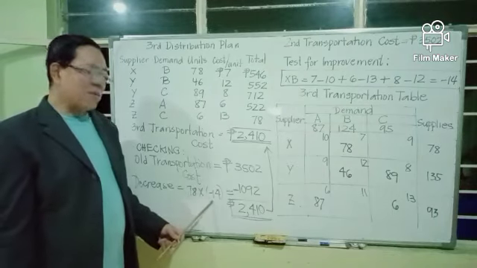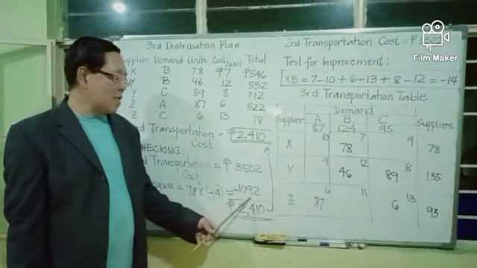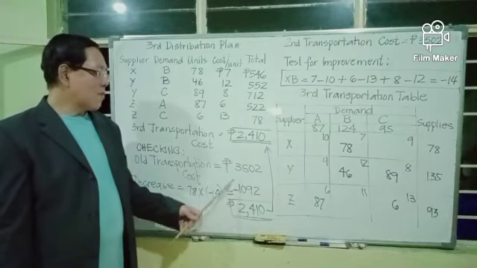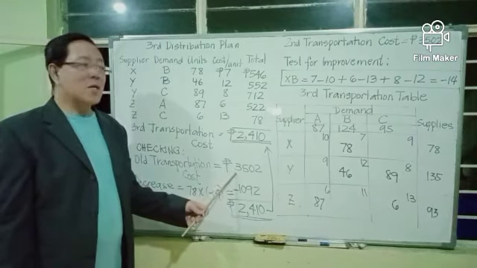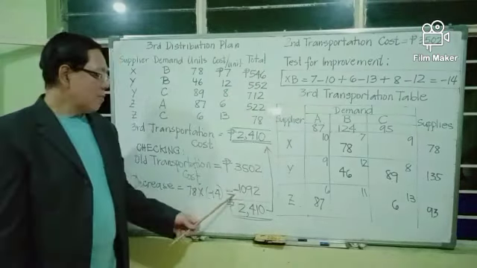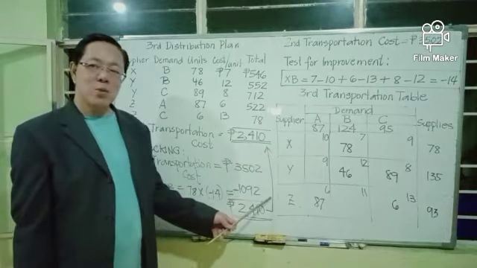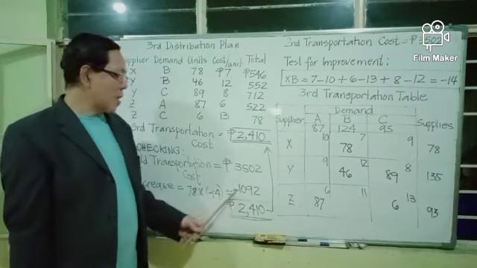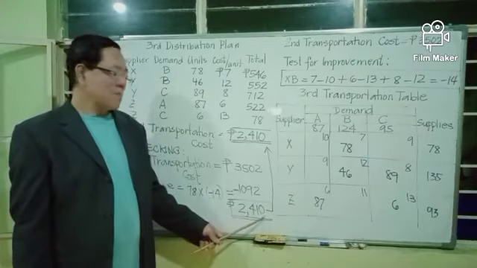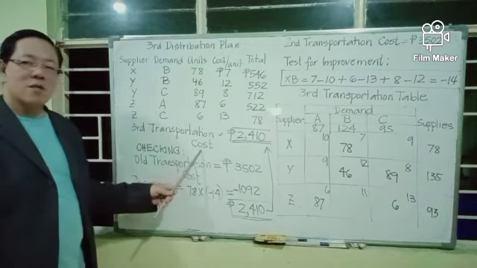78 multiplied by negative 14 is negative 1,092 pesos. And we subtract this because it is a decrease from the old transportation cost or the second transportation cost of 3,502 minus the total decrease in total transportation cost of 1,092. 3,502 minus 1,092 is 2,410 pesos, which is the third transportation cost.